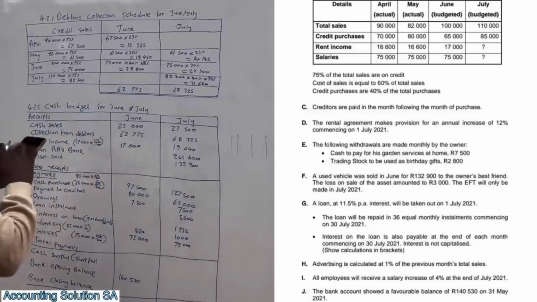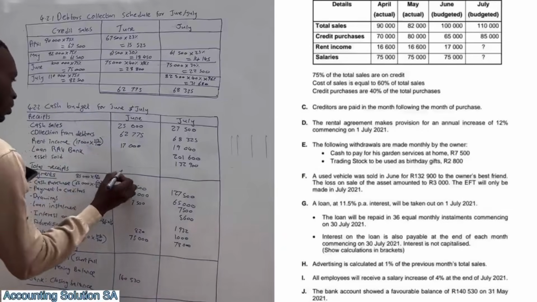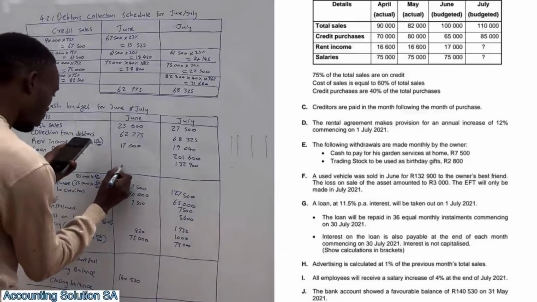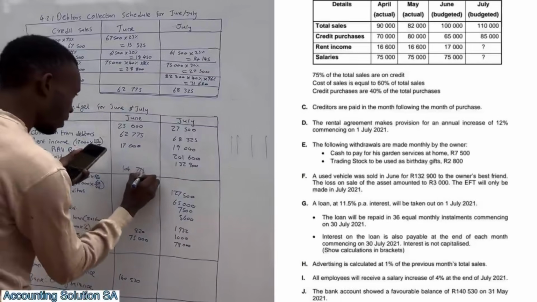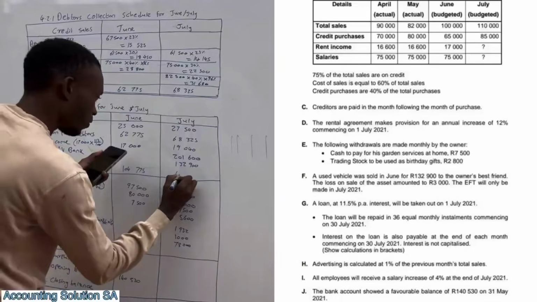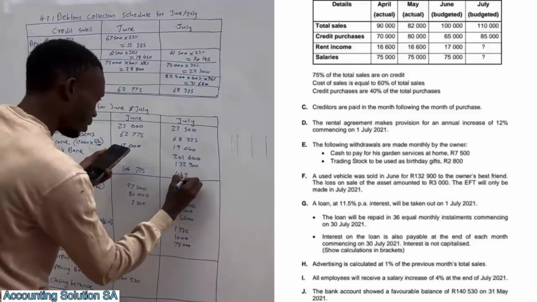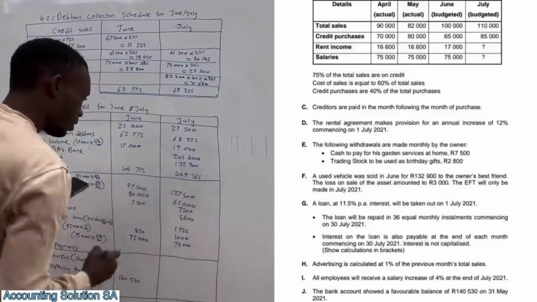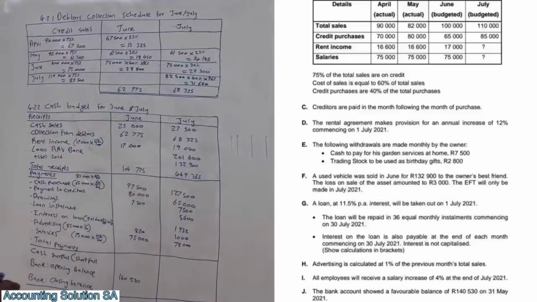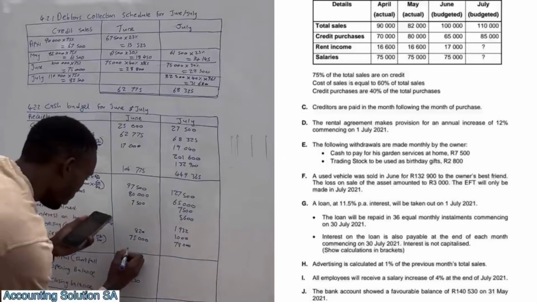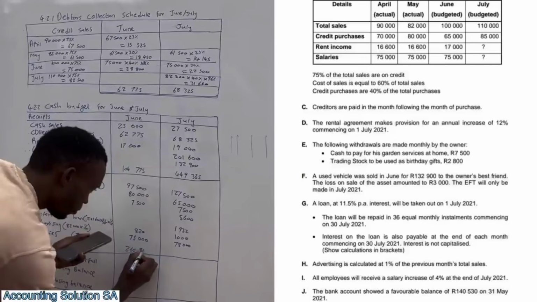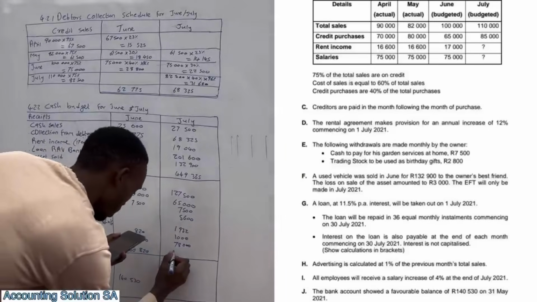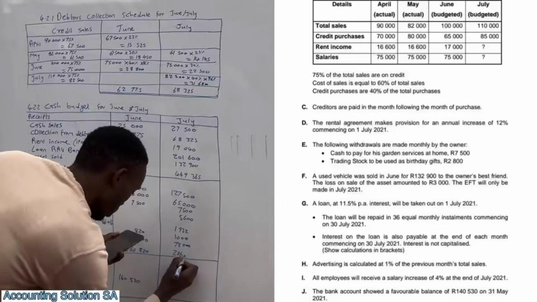Let's calculate the total. The total receipts for June was 104,775. For July, it was 449,365. Okay, then for total payments, when we add everything, it is 260,820, and this side is 286,532.